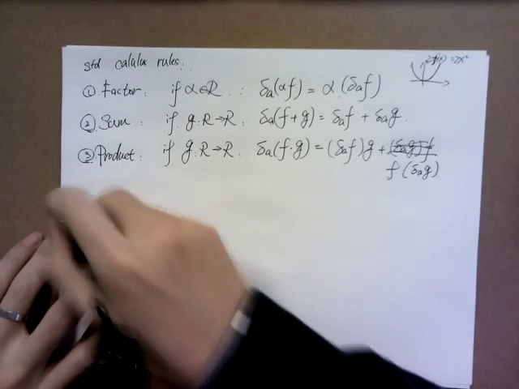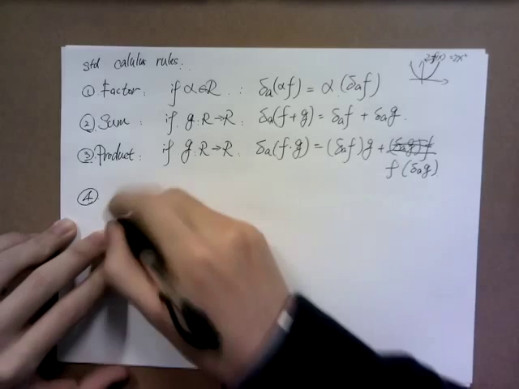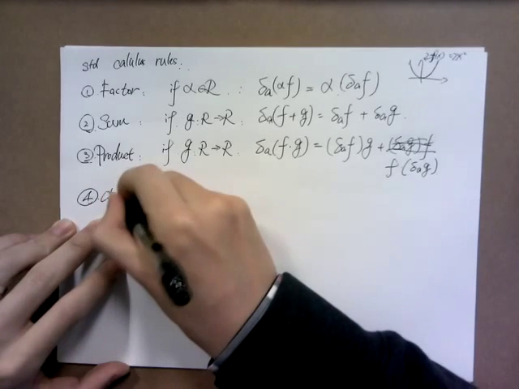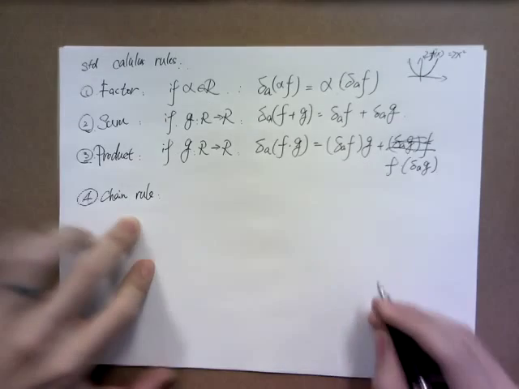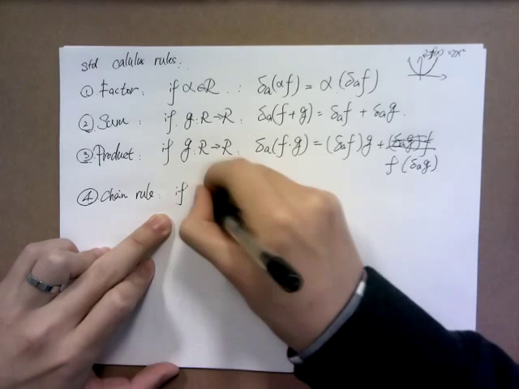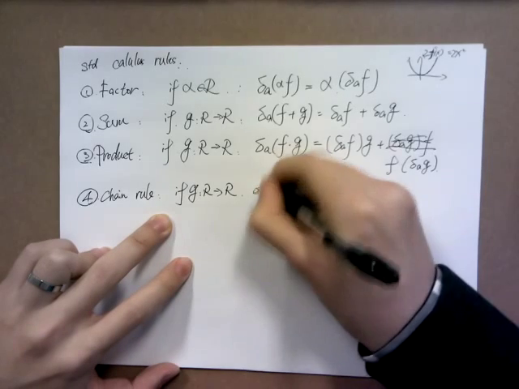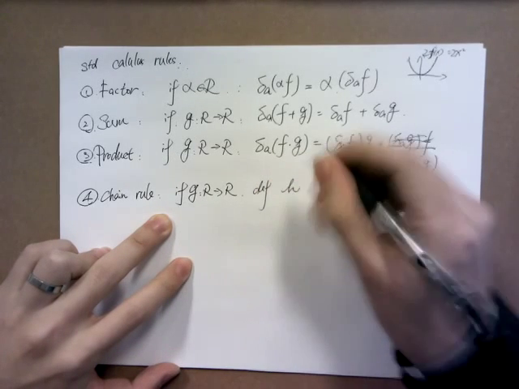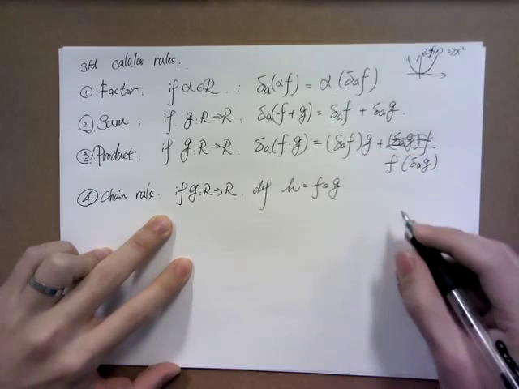And the last one, which I think is the most important rule when I was doing this calculus class, is the chain rule. So still, I have a function g, which is a map from R to R, and I define a new function h, which is f composed with g.